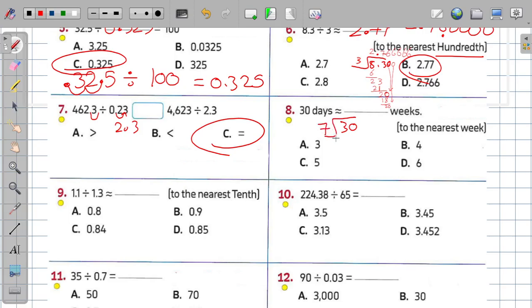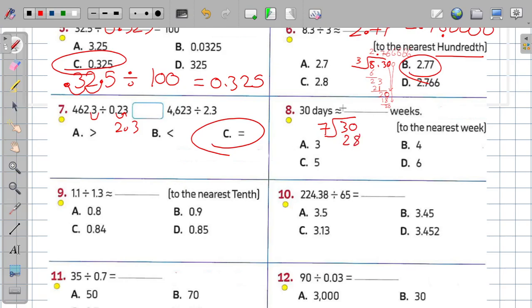But 30 is not in the times table of 7, so we will search for two numbers which 30 is between. So I think I have 28 and 35, so I will take 28.